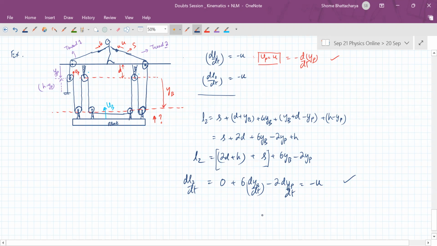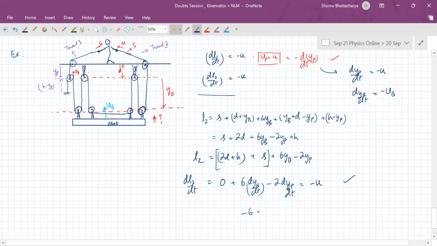Yes, sir. Okay. So now from this equation you can see that the rate at which yp is changing is minus u, and the rate at which yb is changing should be equal to minus of vb, because this is going up now, so yb is decreasing.